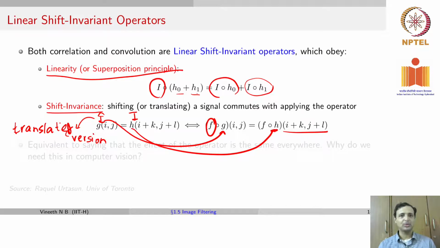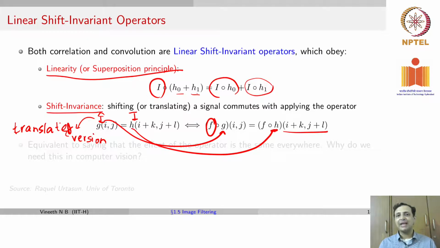This may seem trivial at the first go, but it is an important property. What it tells us is, if you have a filter f and you apply it at a particular location of the input image, say at 1, 1 of that image matrix, it will have the same output as applying the same filter at 3, 3, provided these two regions have exactly the same intensity values. Why is it important?